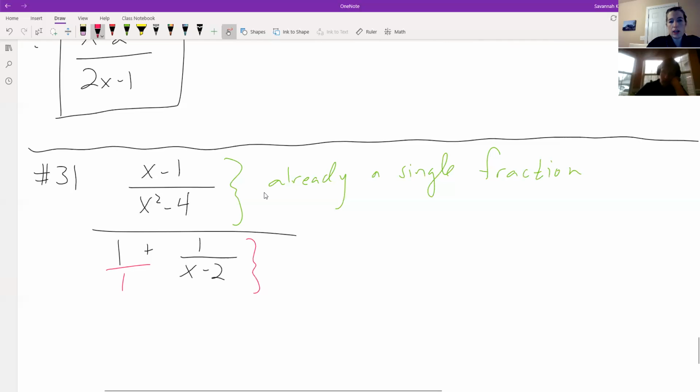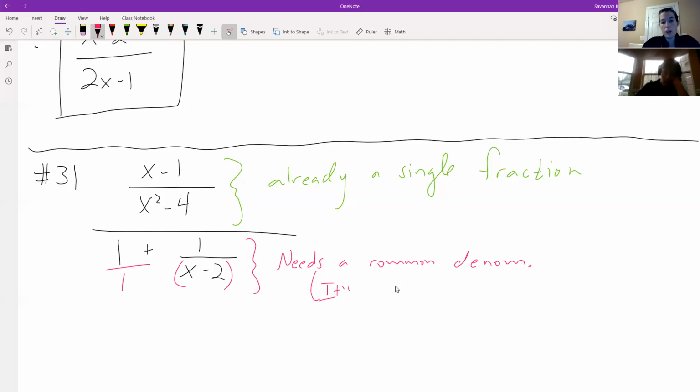Okay, so it looks like this needs an LCD, what I've just been calling a common denominator. And then the two pieces need to be added together. Now, if I stick with my method of putting parentheses, it looks like between 1 and x minus 2, the only significant part is going to be x minus 2.